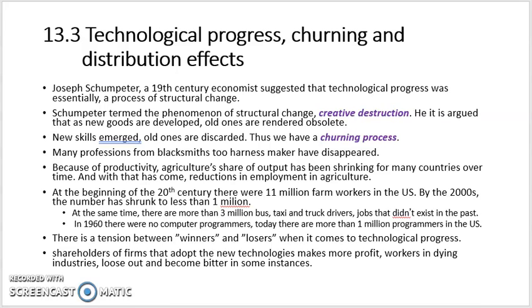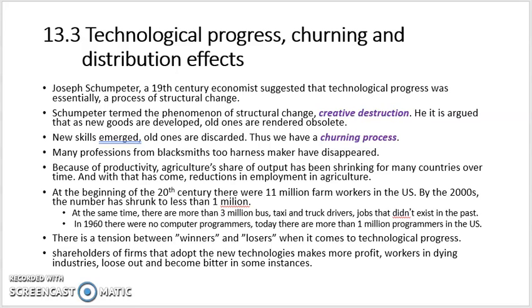So there is a tension between winners and losers when it comes to technological progress. This suggests that when technological progress occurs, those with the appropriate skills will be better off, and those without the required skills will lose their jobs.